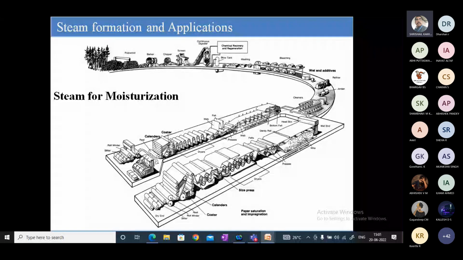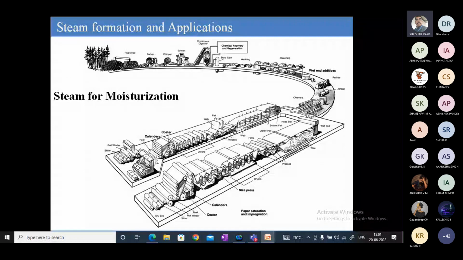For this, we need to uniformly extract the wetness from the paper. This is possible only by means of dry steam. The dry steam extracts the wetness from the paper, so by the time it comes out for the point of use, it is totally dried up. For all these 32 different stages of paper production, we use steam as a moisturizer. This is one of the important applications of steam.